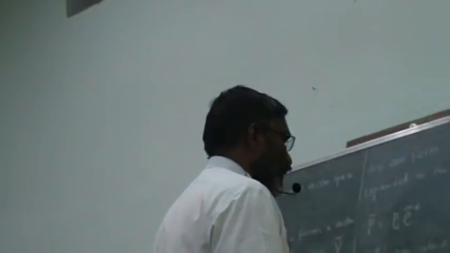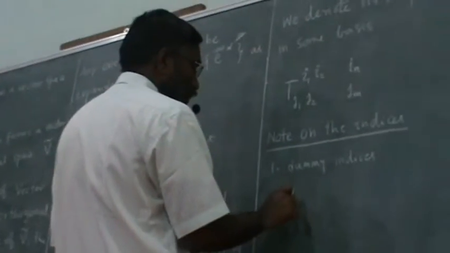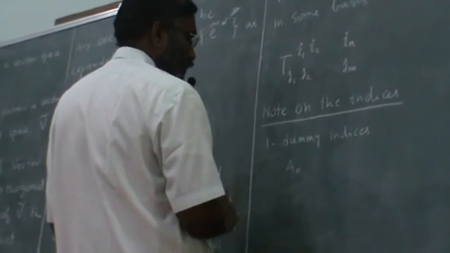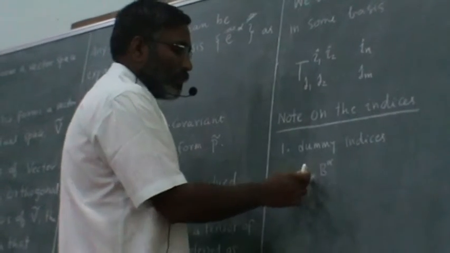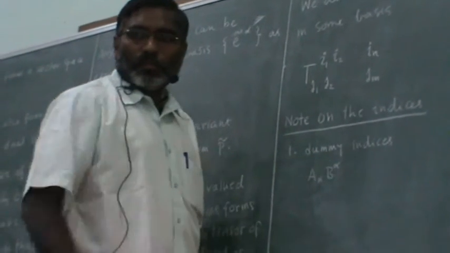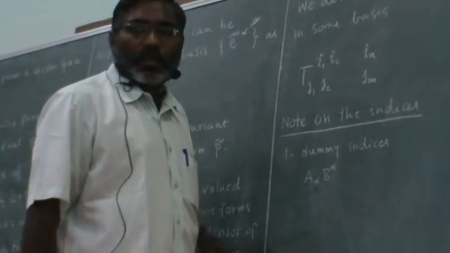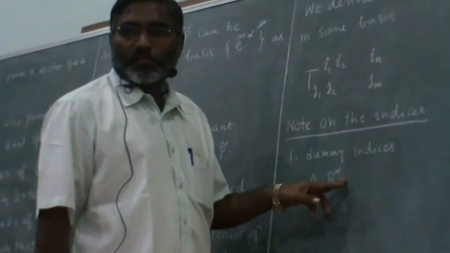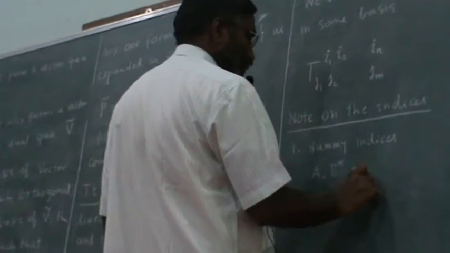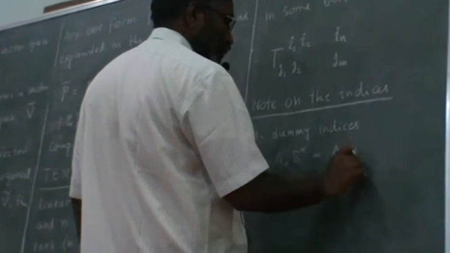Repeated indices, with one on the superscript and the other on the subscript, are summed over. So something like A alpha, B alpha: alpha is repeated, so this is summed over. It doesn't matter whether I write alpha here or beta here. So this is the same as A beta, B beta.